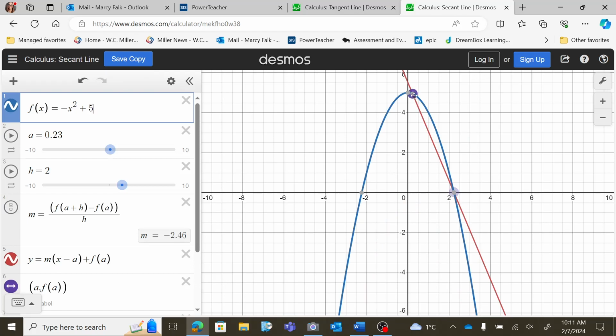Okay, so if I have my 1 point there and I want to figure out the slope specifically at 1, okay, all I'm going to do is I'm going to say the distance between these 2 points, the distance, and I'm going to get closer and closer and closer to 0. As the process gets closer to 0, it's going to get more accurate to being specifically at the 1 spot, the 1 point.